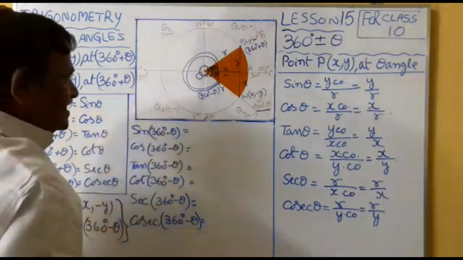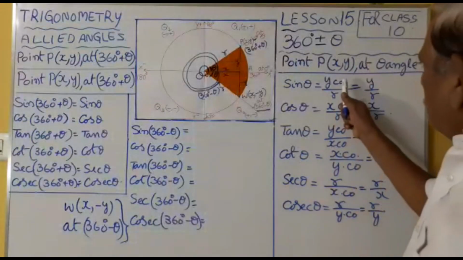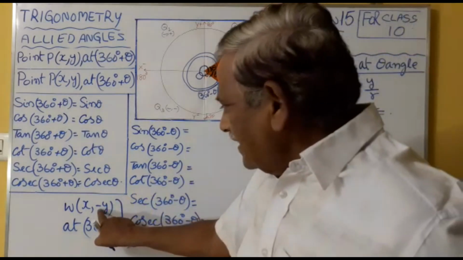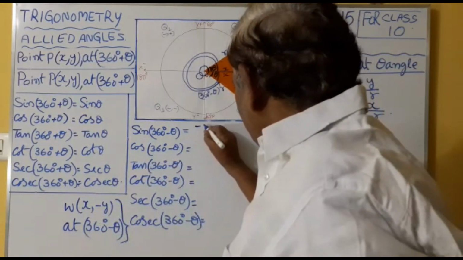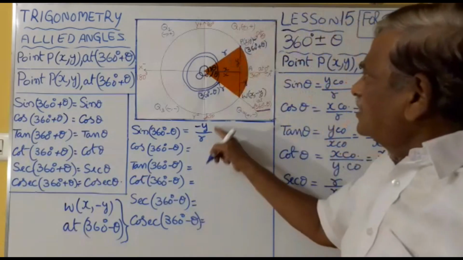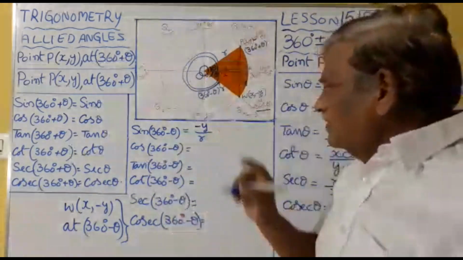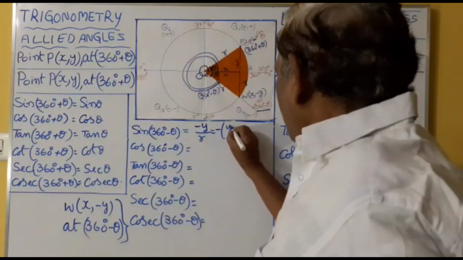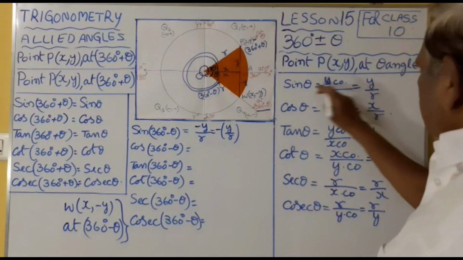Therefore, write the trigonometrical ratios. Sin(360 minus theta) equals, the definition of sin is y coordinate by r. Here the y coordinate is minus y. Therefore, minus y by r. r is always positive because it is the radius of the circle. This equals minus of y by r. y by r is sin theta.